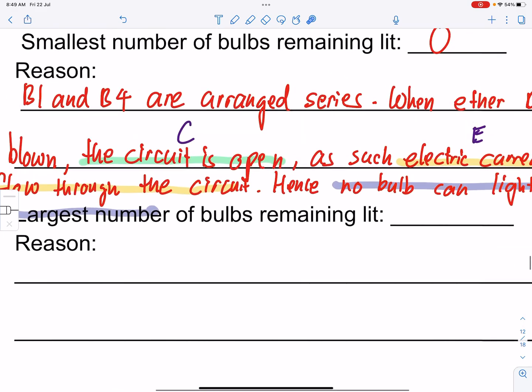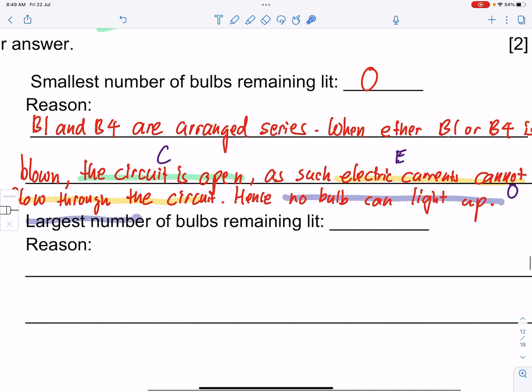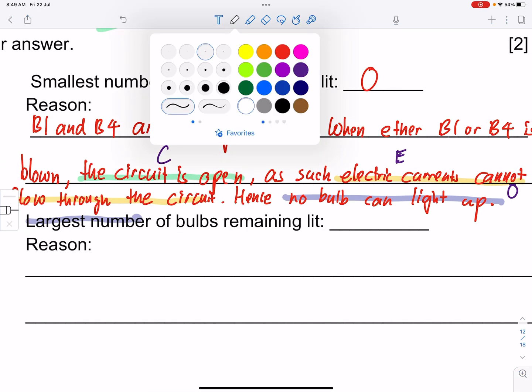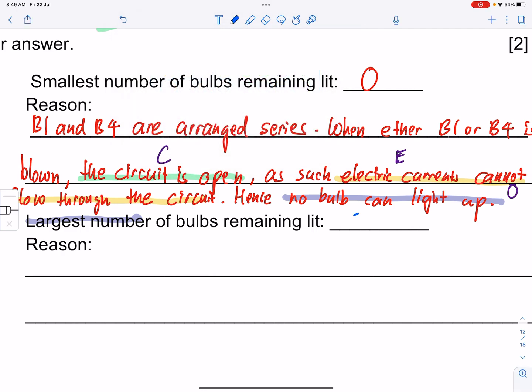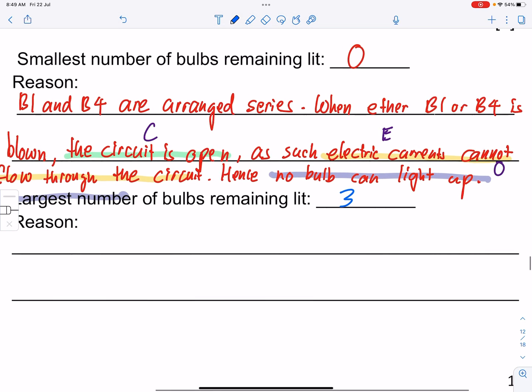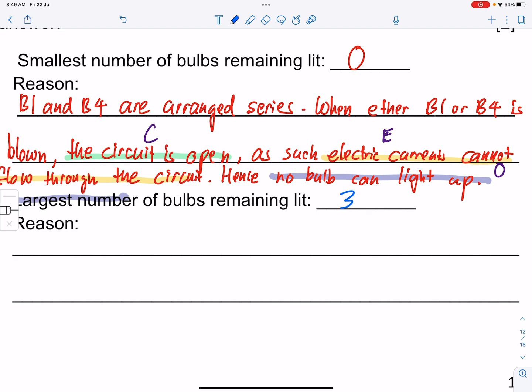So how do we craft this? The answer would be 3. And we can say that B2 and B3 are arranged in parallel.